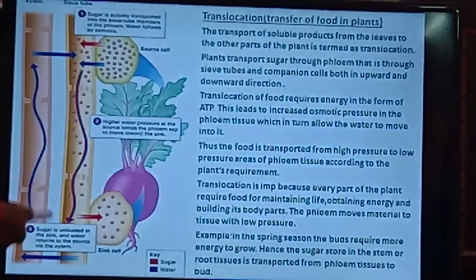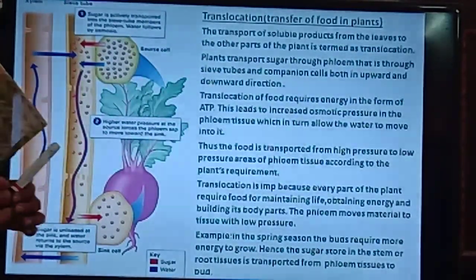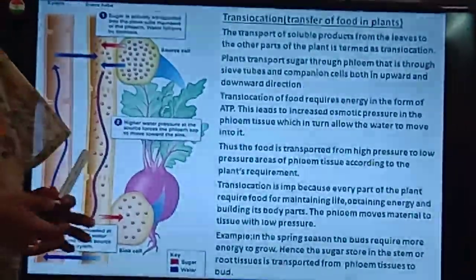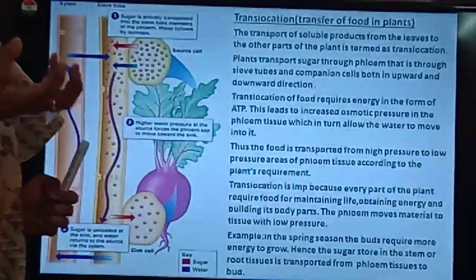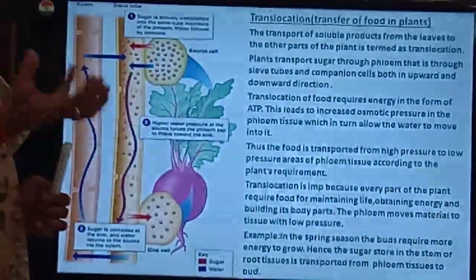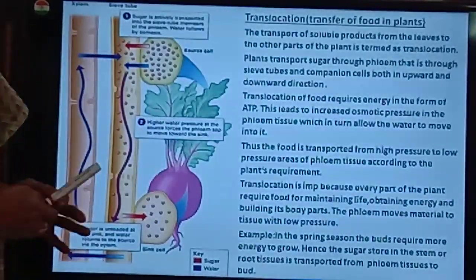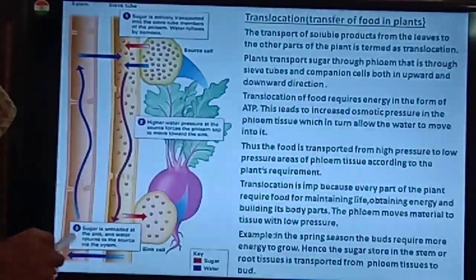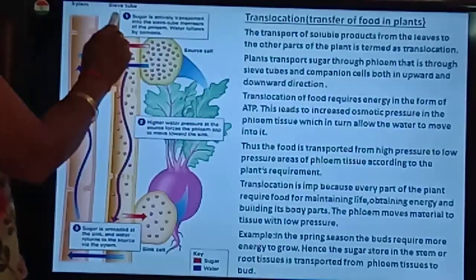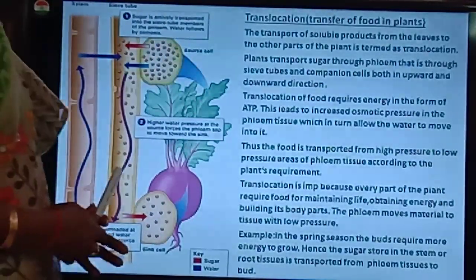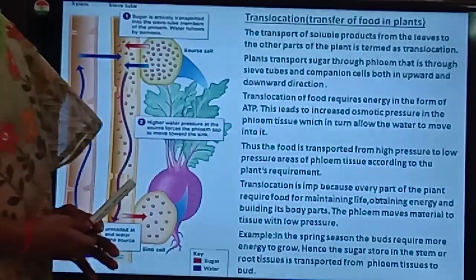Now, if you take one example, in spring season, the buds require more energy because they are in the growing stage. You know, the growing stage needs more and more energy. So in the same way, buds require more energy. Hence, the sugar which is stored in stem and roots is sent to the bud through this phloem tissue.